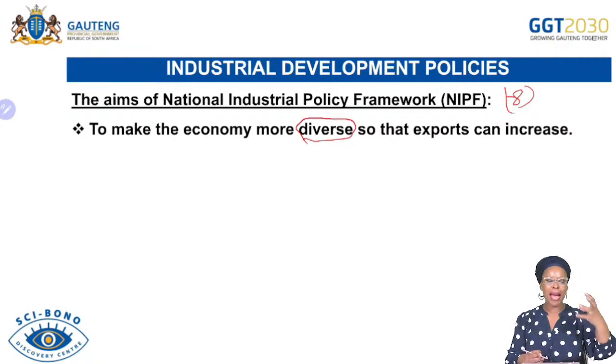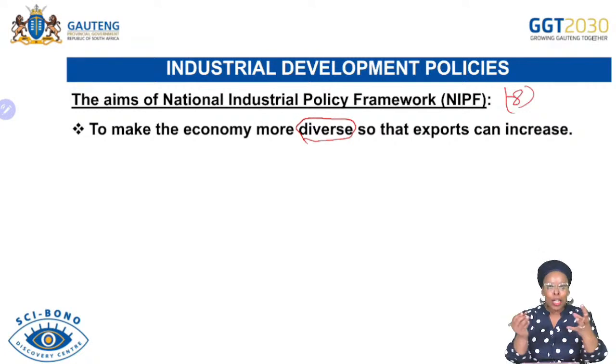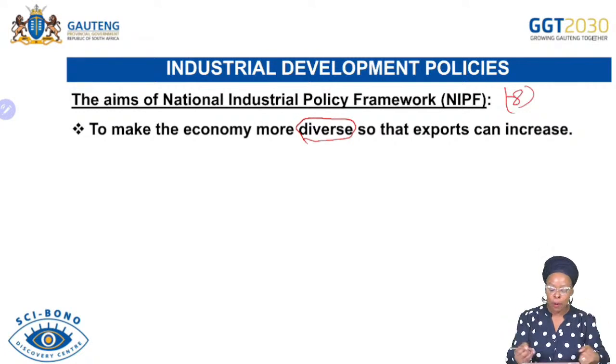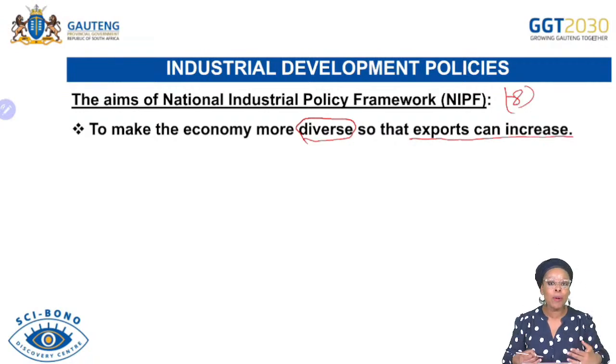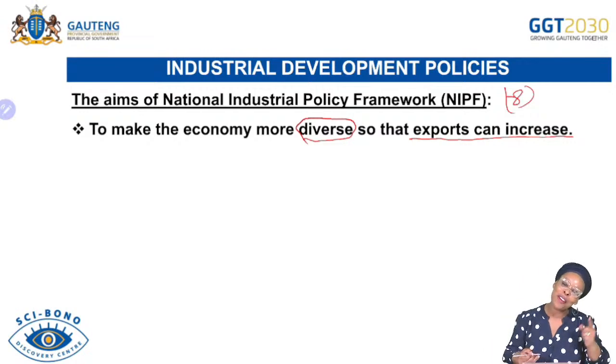Remember, diverse by being primary sector, secondary sector, and tertiary sector. All these sectors together, if they produce, they will export more goods. And if exports increase, we will have an export-led economic growth. Economic growth will improve because of exports.